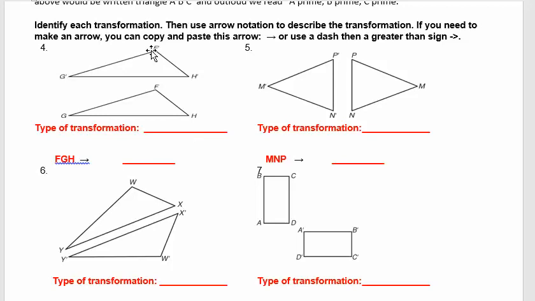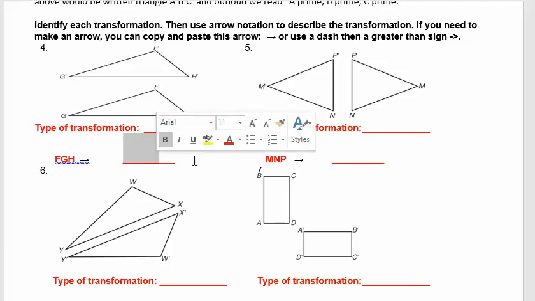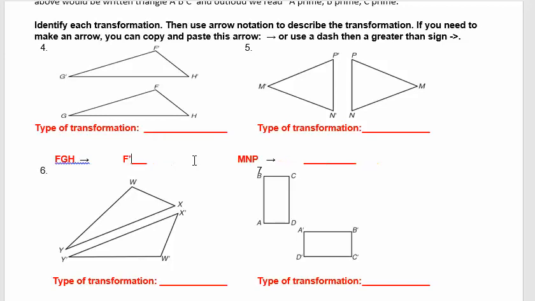And then we started with this bottom one, because that one is the pre-image. It doesn't have apostrophes. So we went from FGH to what? So here you would write F prime with the apostrophe after it, G prime, H prime. So that's just practicing writing those the correct way.